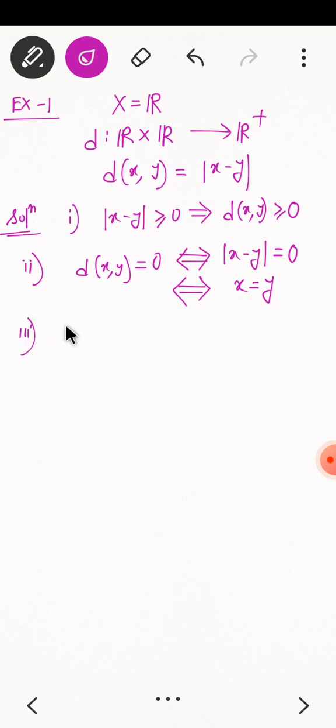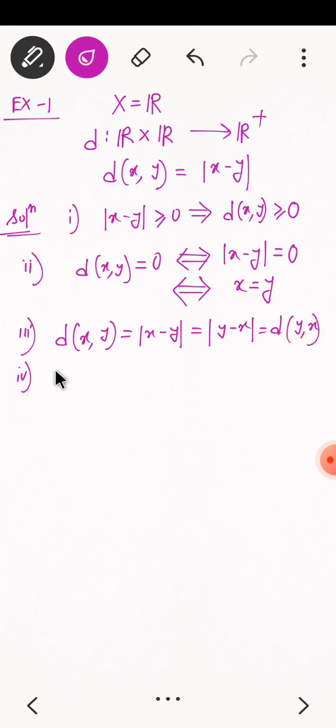The third condition is D of xy equal to mod of x minus y, which is equal to mod of y minus x, that is equal to D of yx. This is the symmetric property. The fourth condition is D of xy, by definition, equal to mod of x minus y.